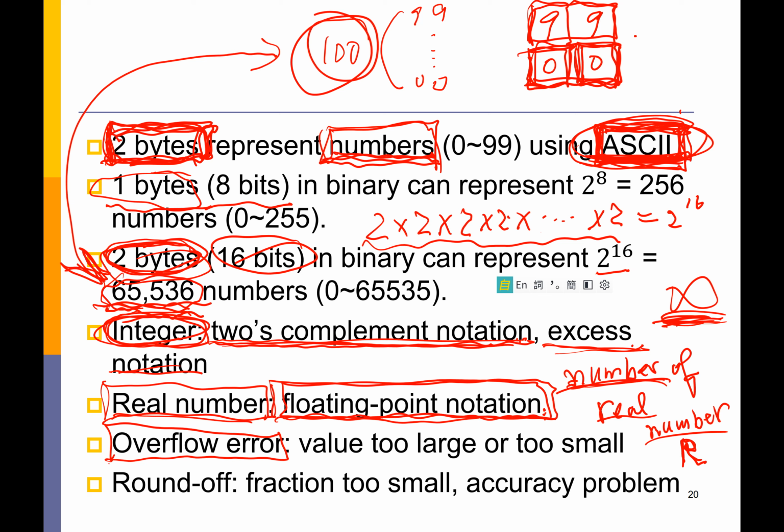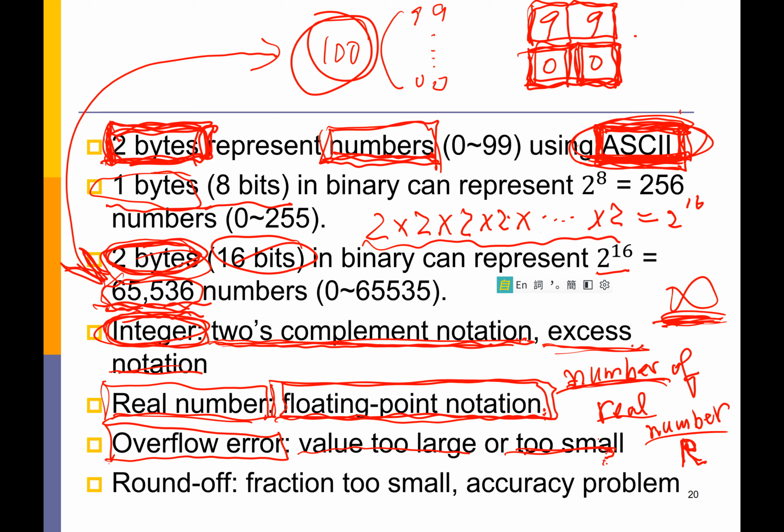Because computer storage space is limited. Some values are too big, too large, to be accurately saved in computer memory, or too small.